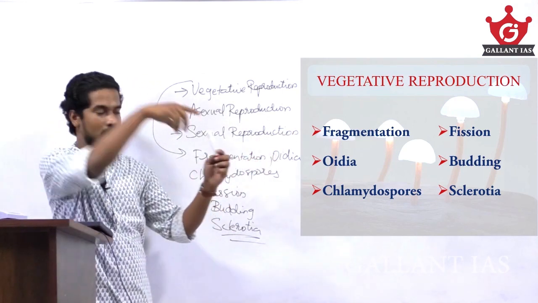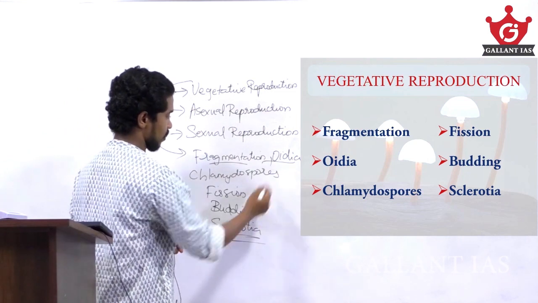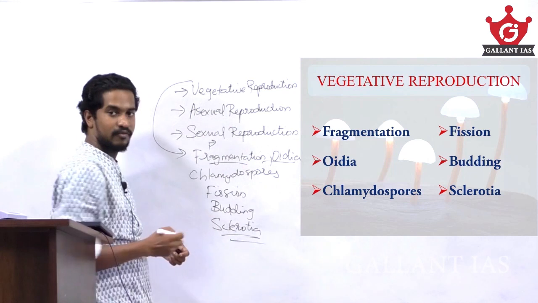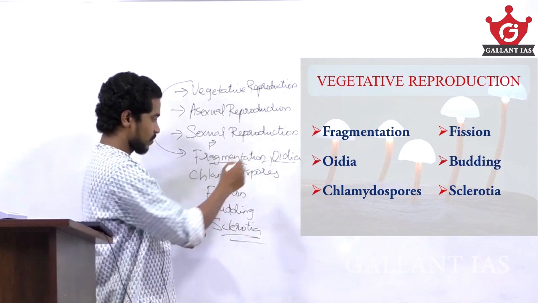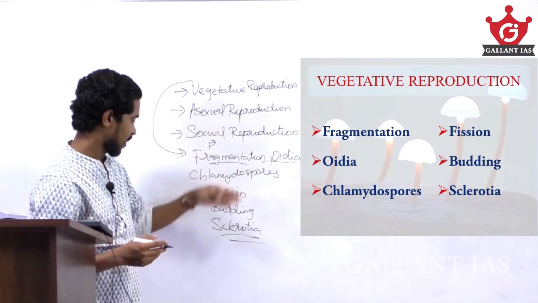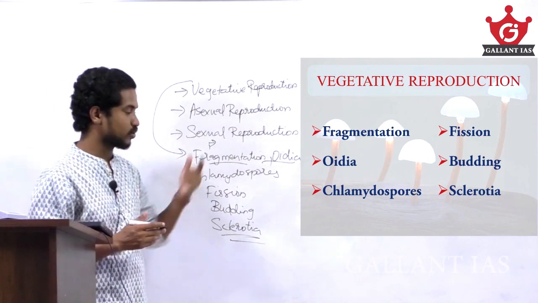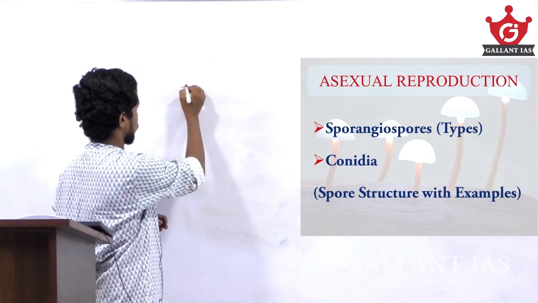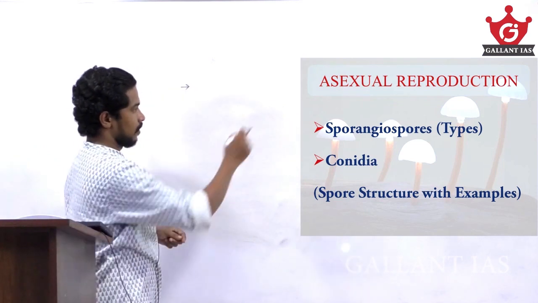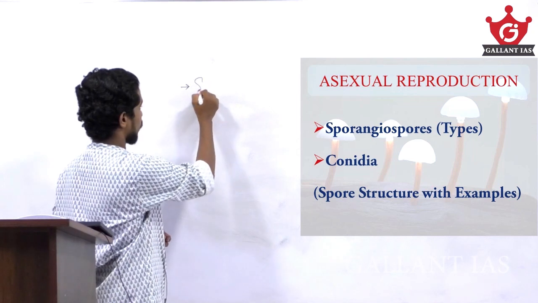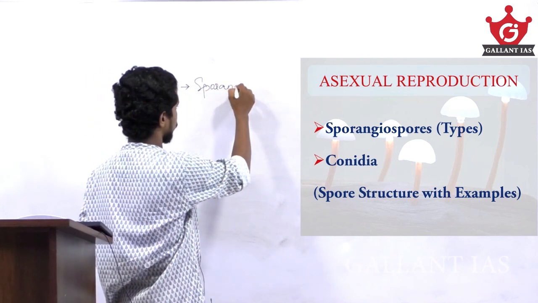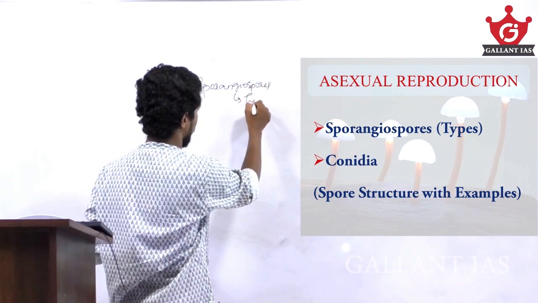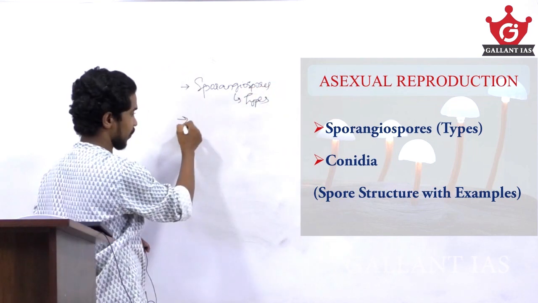And while looking at the different vegetative modes of reproduction, we have to write an example of a fungus which exhibits fragmentation, fission, budding, sclerotia, chlamydospores, or oidia. And asexual reproduction: you have to know about the sporangia, spores and their types, conidia.